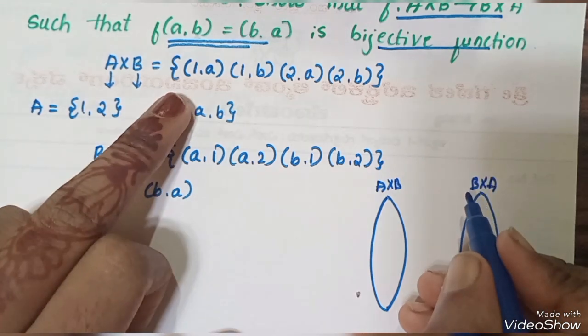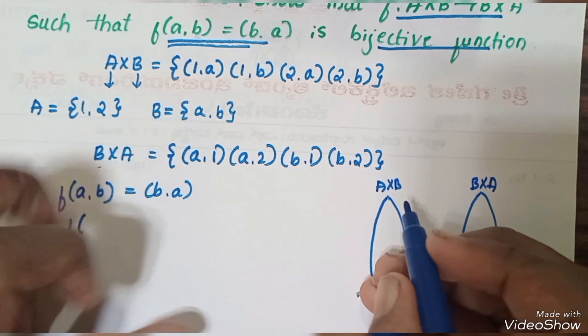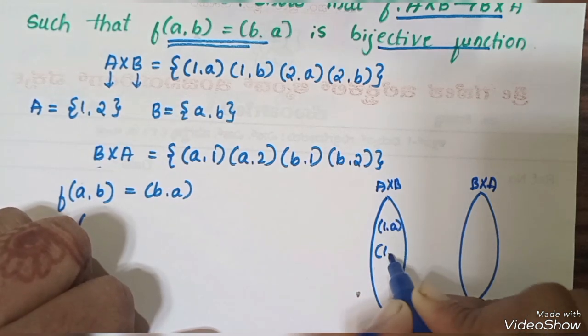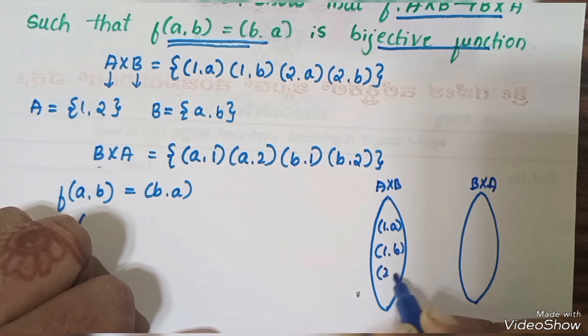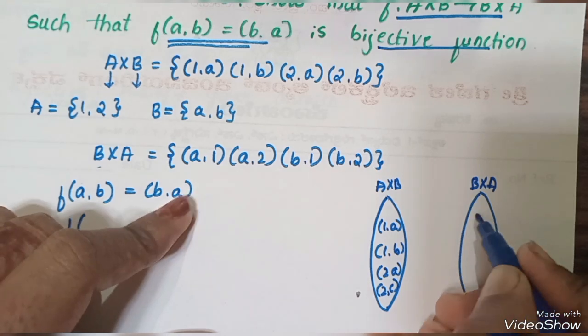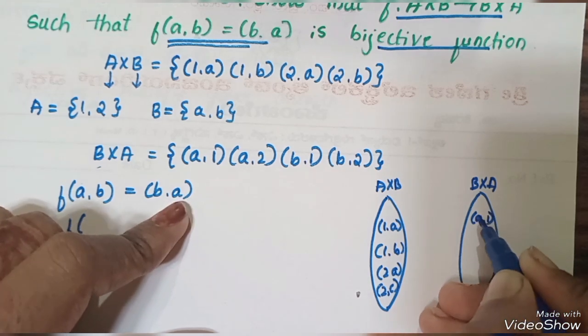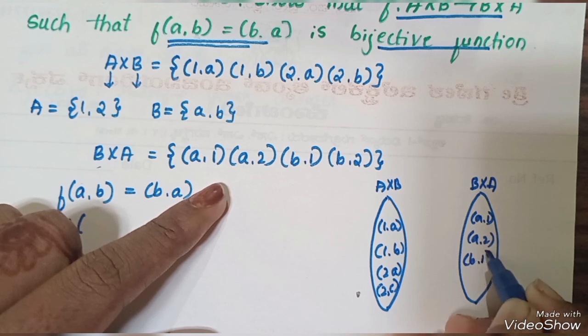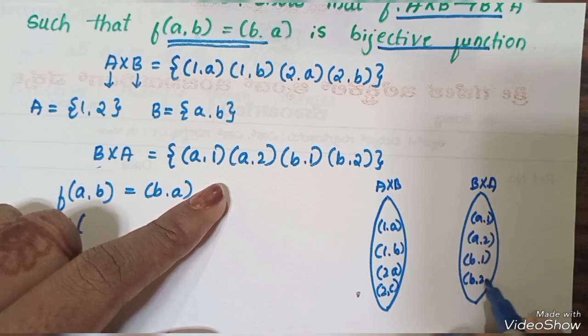Here consider A cross B, that is 1 comma a, 1 comma b, 2 comma a, 2 comma b. Okay, here B cross A becomes a comma 1, a comma 2, b comma 1, b comma 2.